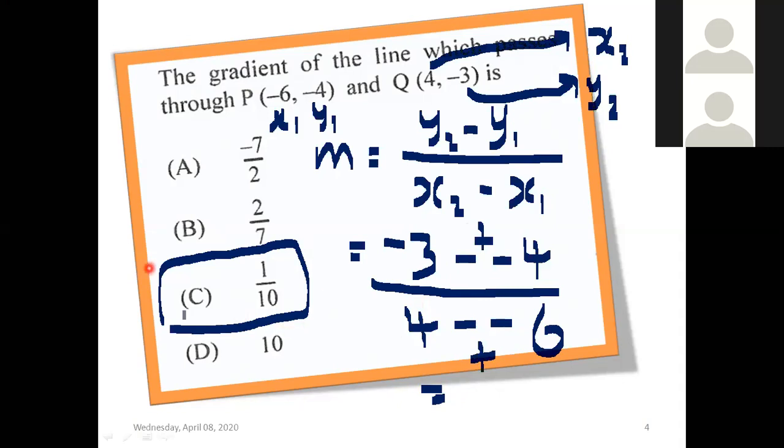So the gradient would have been equal to +1/10. Now gradients can be positive or negative. When a gradient is positive, it means the slope is slanting to the right. And if the gradient is negative, if you picture it, it would be slanting to the left. All right, so moving on.